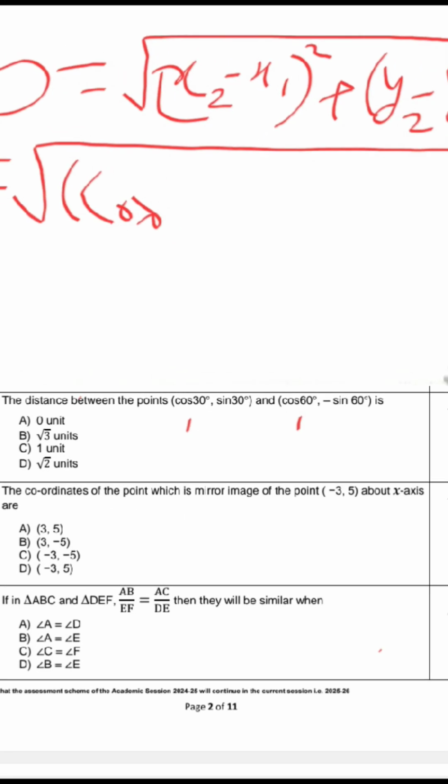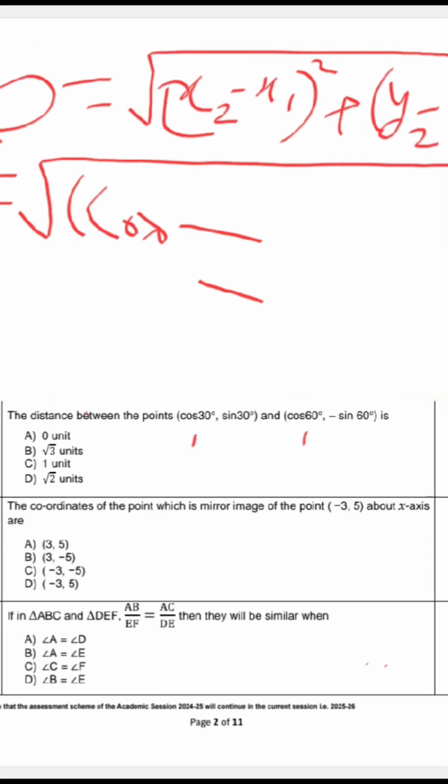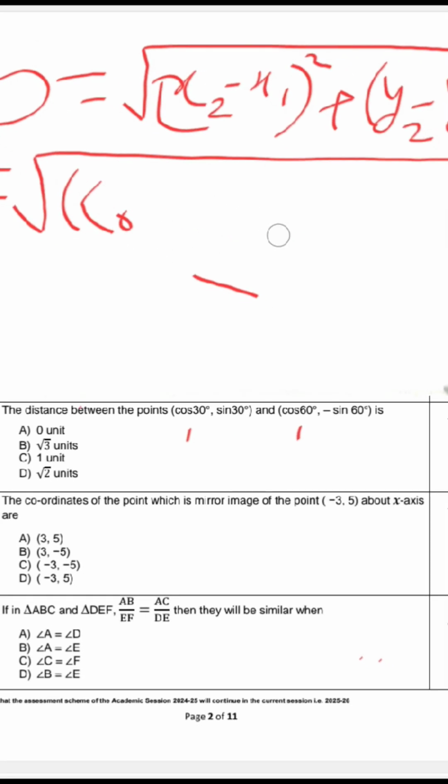So cos 60 degree. First we find the point values. We use here cos 30 is equal to how much value? Root 3 by 2.